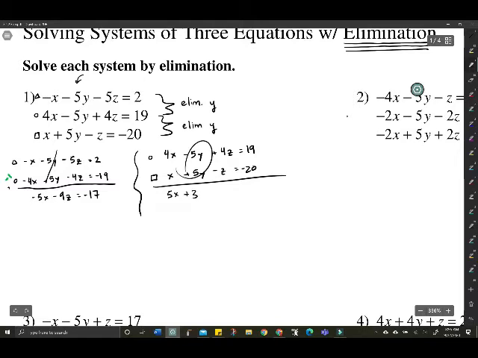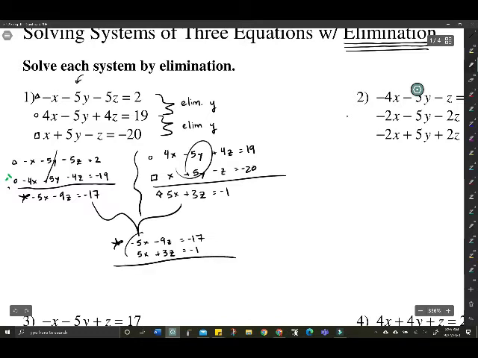plus 3z equals -1. And now I can take these two equations, maybe star again and diamond, and use substitution or elimination. And it's going to come out to be rather nice. -5x minus 9z is -17. 5x plus 3z equals -1.